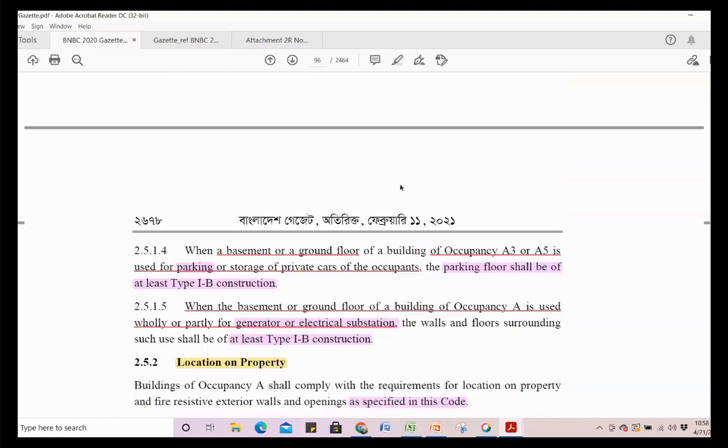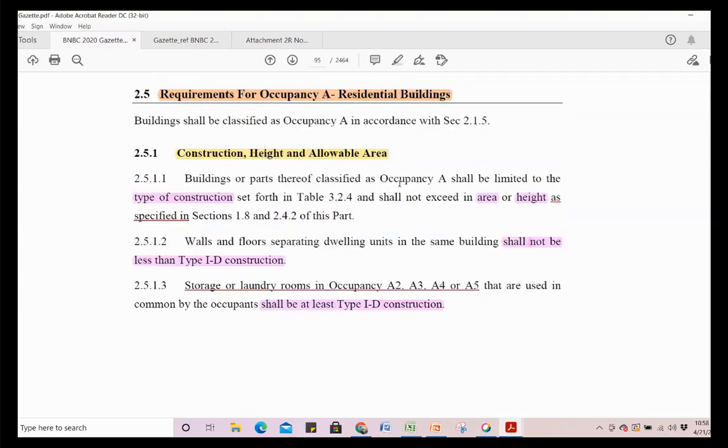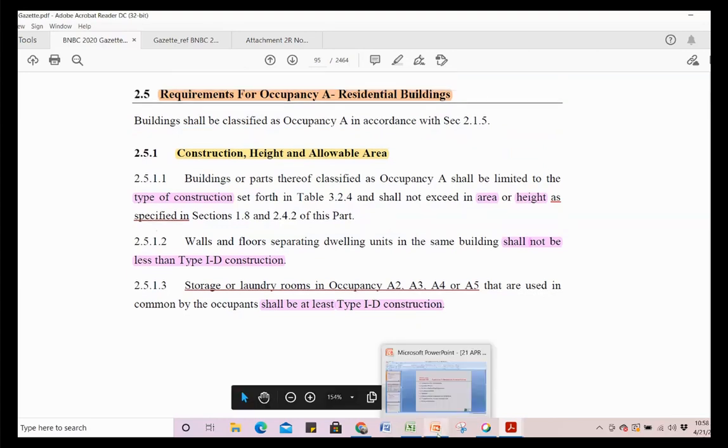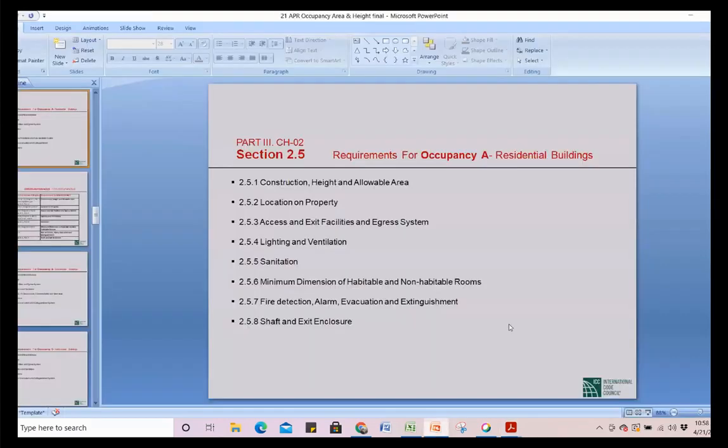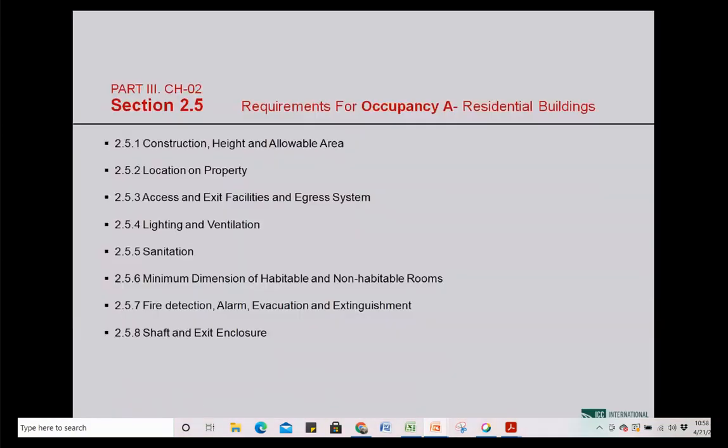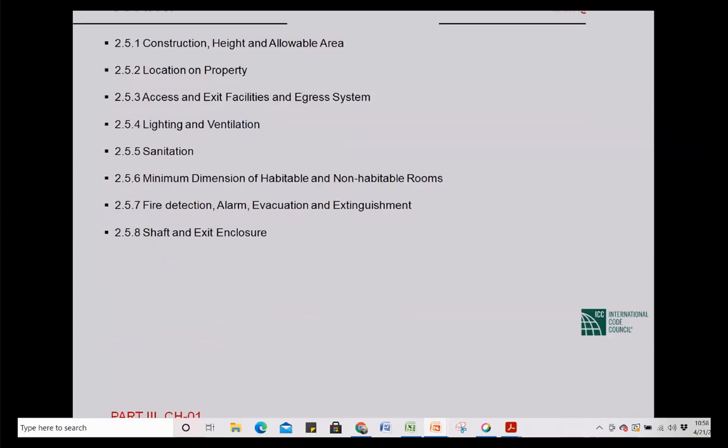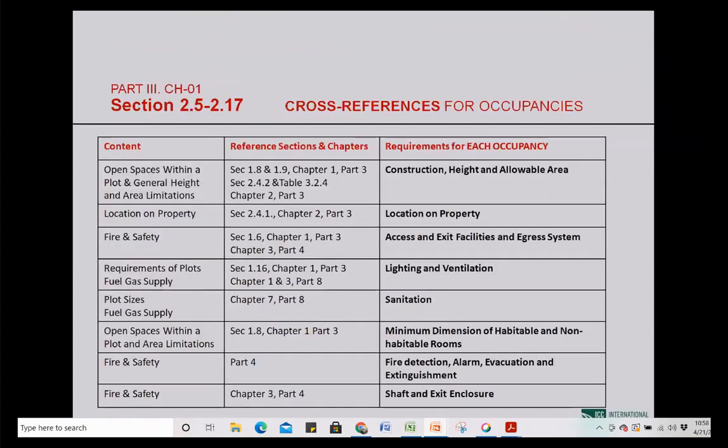So this is what the occupancy-specific requirements are. Before starting occupancy B, we will take a look at the general referencing system of this code.